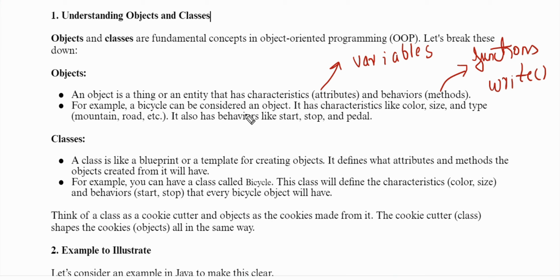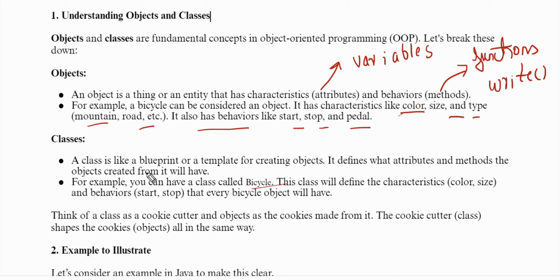Now, for example, a bicycle can be considered as an object. It has characteristics like color, size, and type. And type means mountain bike or the normal bike. It also has behavior like start, stop, and pedal, right? Then a class is like a blueprint, as you already know, or a template for creating objects. It defines what attributes and methods the objects created from it will have, what they will look like, how they will behave.